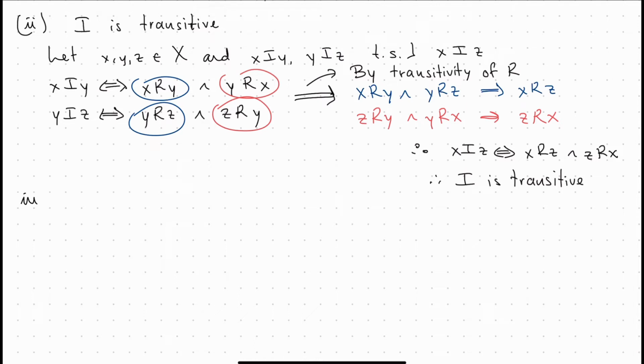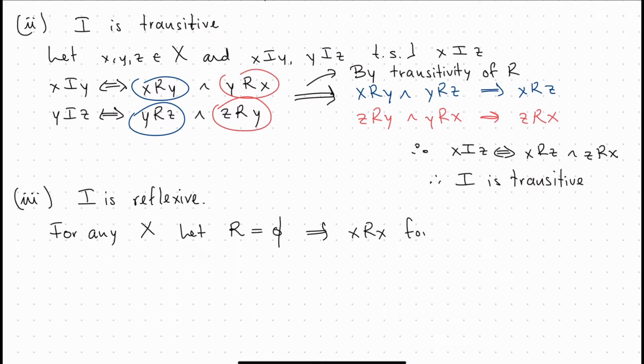And claim number 3: I is reflexive. For any x in the alternative set X, let R be the empty set, and then x R x holds for no x, because there's nothing in my preference R, and therefore x I x holds for no x.